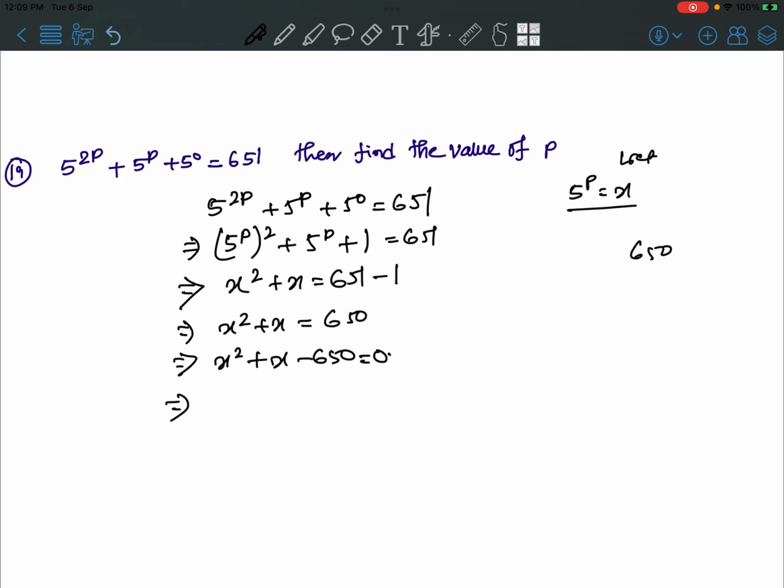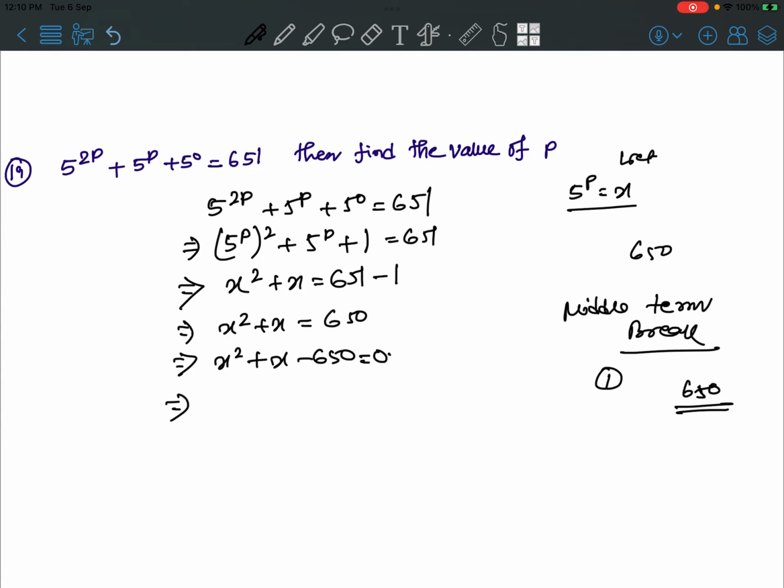What is this process? This is called the middle term break. What is middle term break? What we have as the term in the middle, as we are seeing nothing, that means in the middle term we have 1. That means after factorization of 650, we have to come up with two numbers whose addition and subtraction give the number 1.